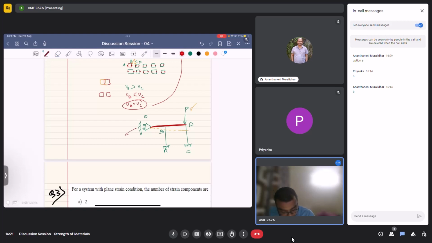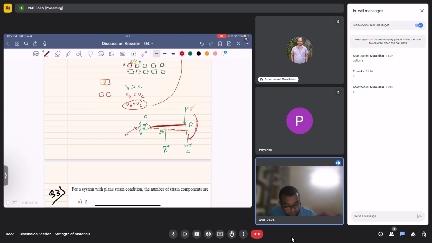Being a hinge system, it will just rotate about the hinge point. So due to the application of force, it will displace downwards. So it has to maintain its rigidity.